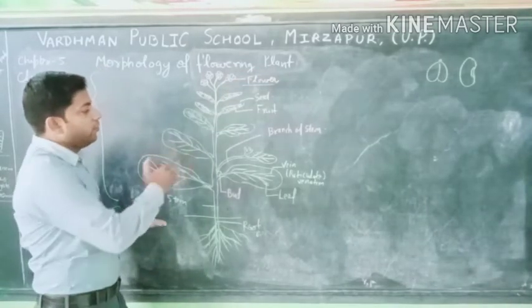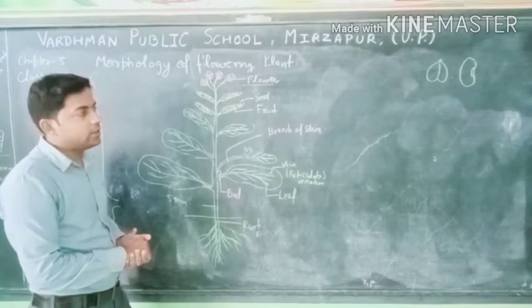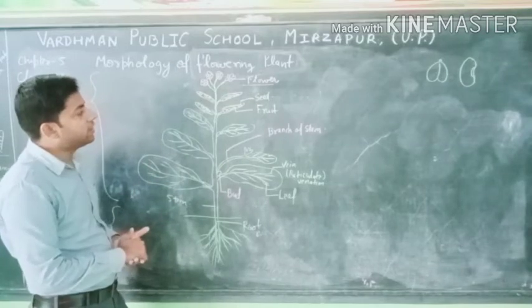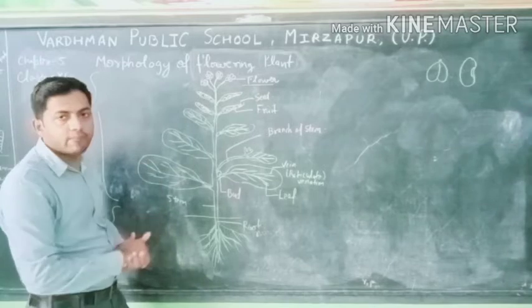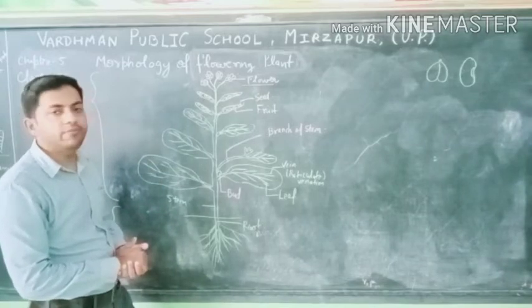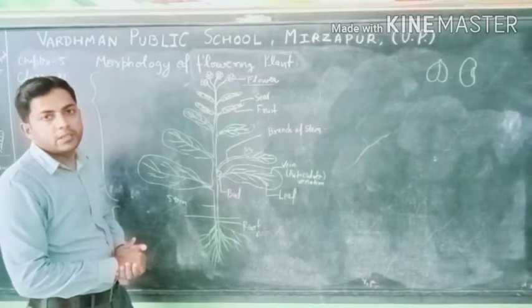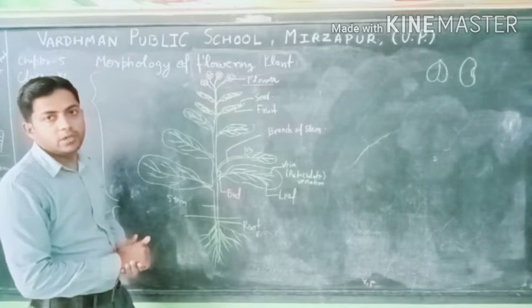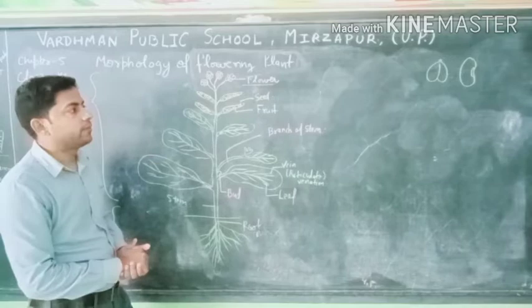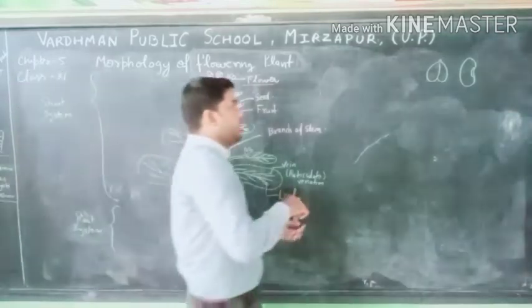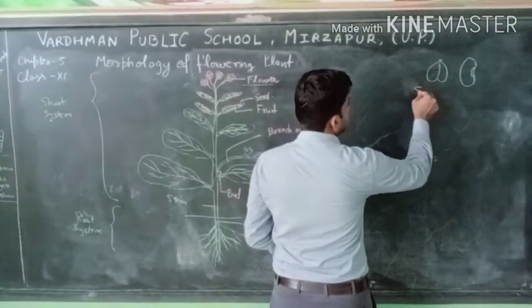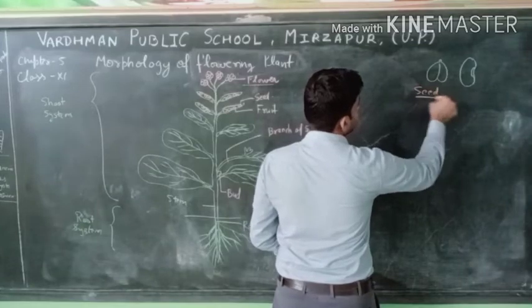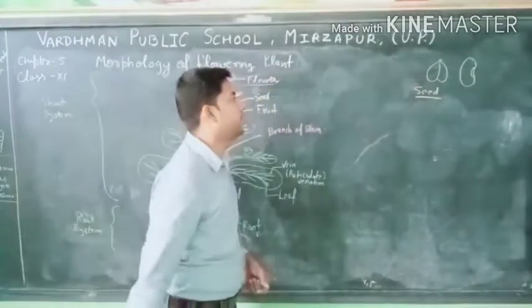So, before we start this chapter, first of all we try to understand the embryonic development of a plant, in which way the plant synthesizes and develops into a mature plant body. So, here as we see, there are two types of sheaths represented.